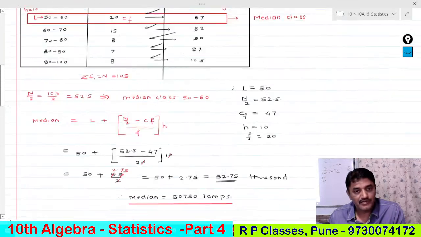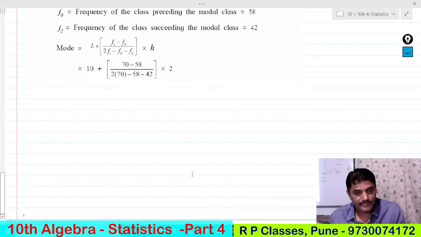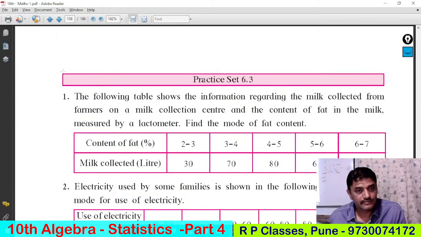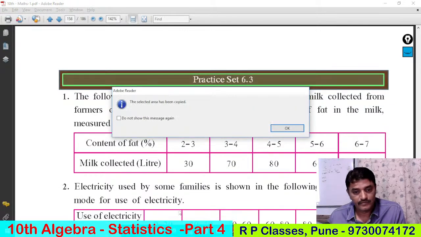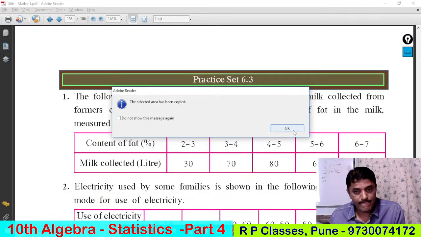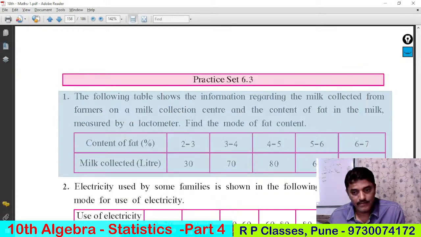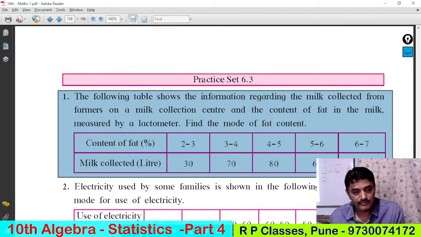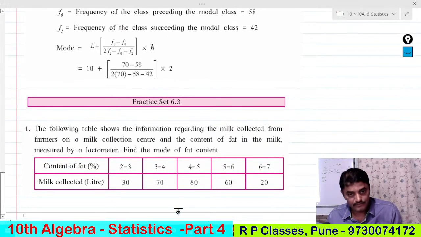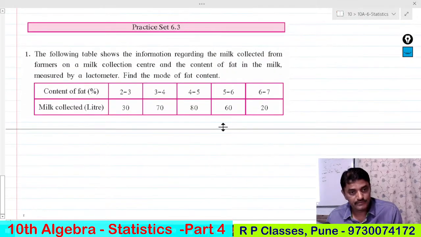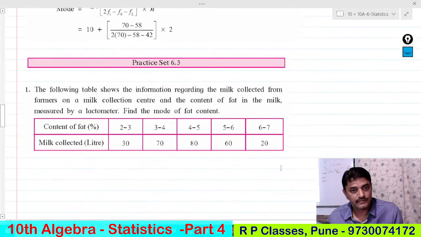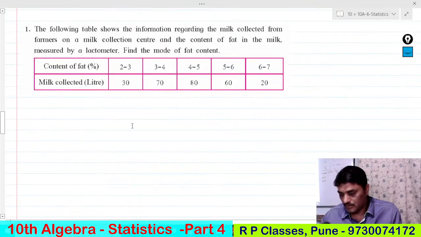We have to do the question from practice set 6.3. Okay, let's have a look at this now.